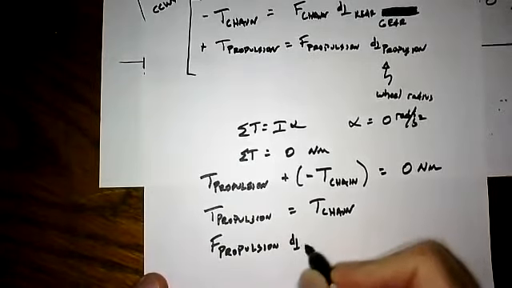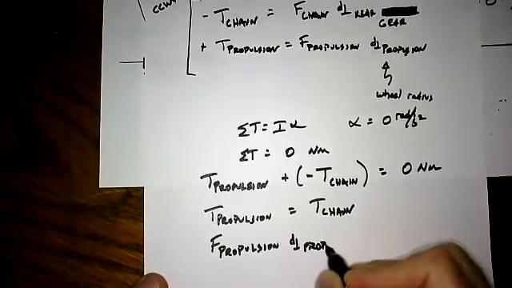Now I'm going to rewrite this again. F propulsion, which is what we really want to figure out here, times D perpendicular propulsion equals F chain times D perpendicular rear gear.